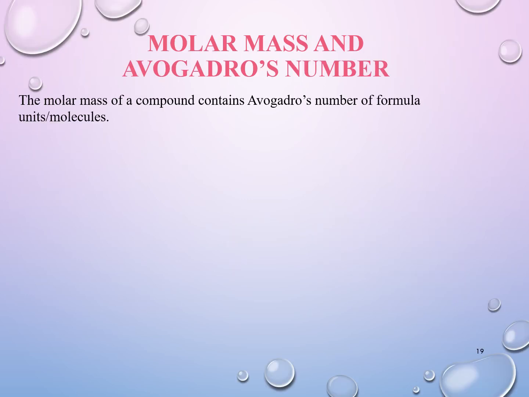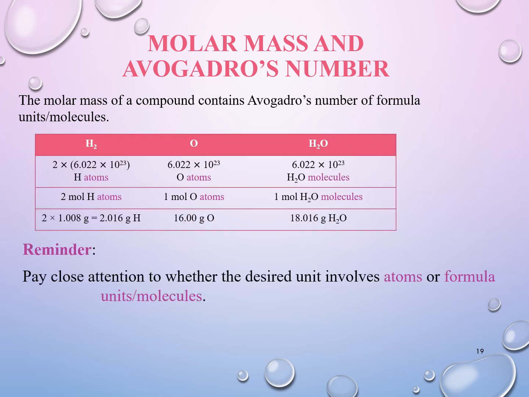So we want to relate molar mass and Avogadro's number. We can say that if we talk about H2O, there's Avogadro's number of H2O molecules, and there'll be the same number of O atoms, but double the H atoms. Just because we know every time there's 1 water, there'll be 2 hydrogen and 1 oxygen. Okay?